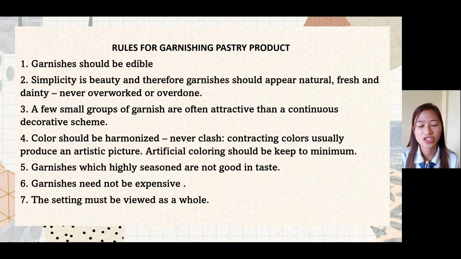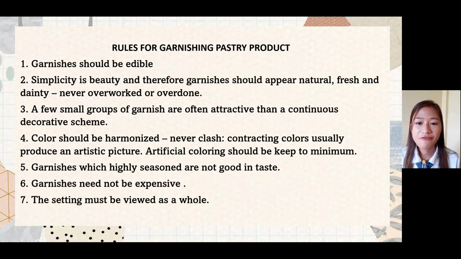The word fresh means it looks fresh and natural. That is very important to remind us. Number three, a few small groups of garnish are often more attractive than a continuous decorative scheme. We should also know how to decorate to make our cakes and pastries good to our sight.